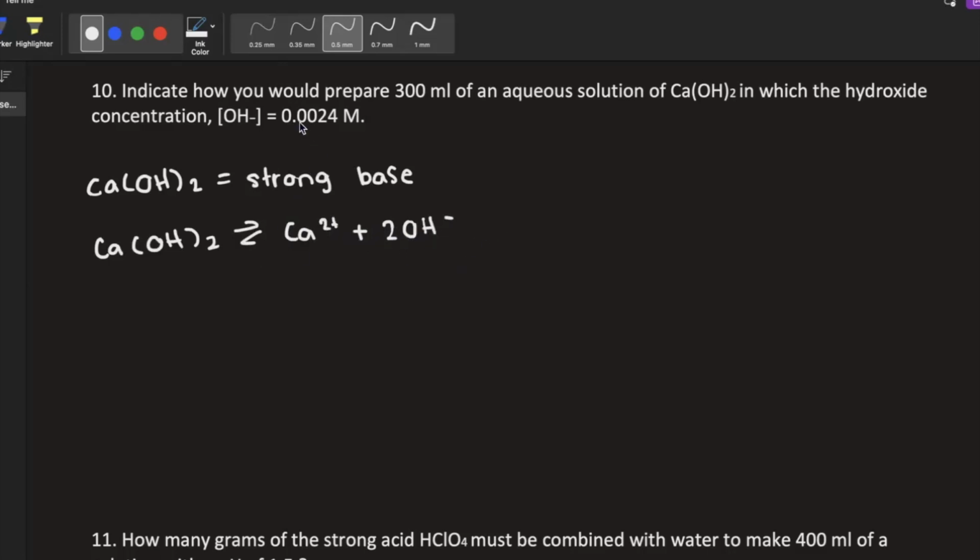So we're going to take the molarity, which is 0.0024 molar, and divide it by 2, because there are 2 moles of the OH negative. That's going to give us 0.0012 molar.